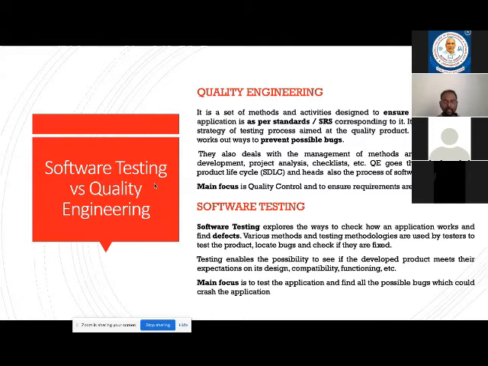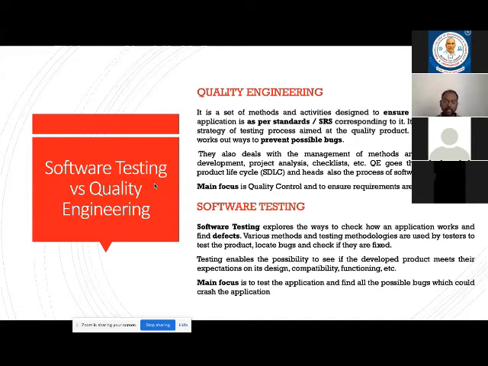So the main focus is quality control to ensure the requirements are met properly. Software testing validates how the application works. We might have certain specs, and this might be more from a black box testing perspective, so you don't know how the solution is being built, but you just see how that solution must work.